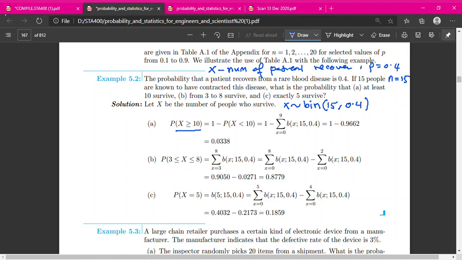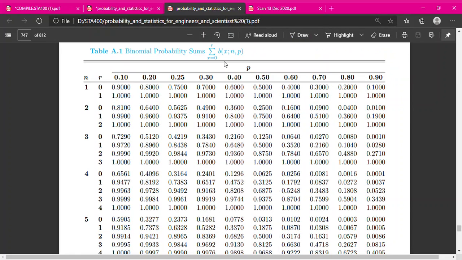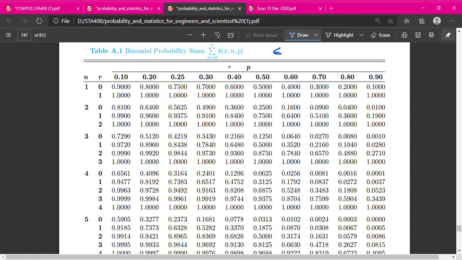Okay, kalau nak guna table, saya tunjukkan dulu yang gunakan table daripada textbook. Daripada textbook, ni adalah table less than equal. Maksudnya kat sini, value ni adalah value less than equal.